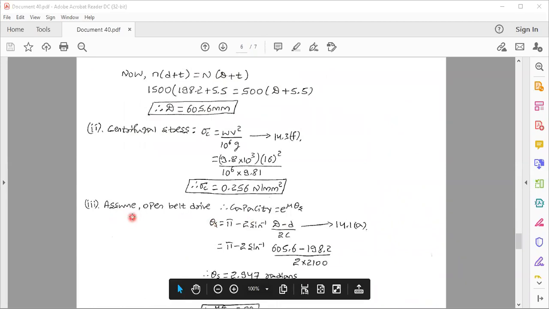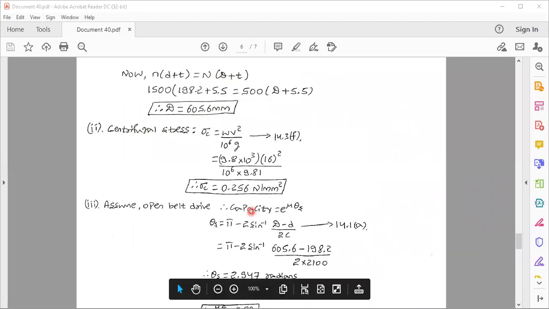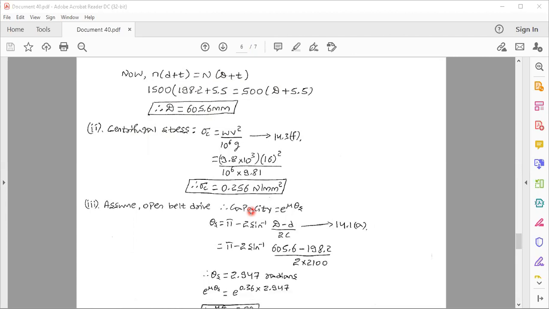In this case, we'll assume it as open belt drive. After assuming it as open belt drive, capacity is equal to e raised to mu theta. As I told you, whatever the theta is, you have to take that angle of contact with the smaller pulley, which is the driver.